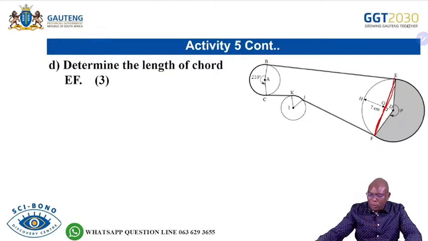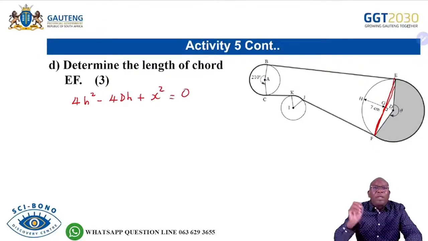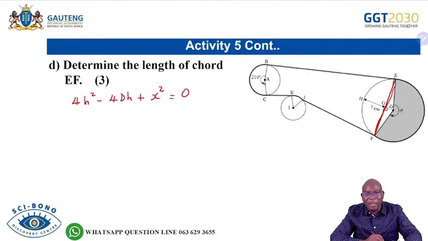So if I put my formula down, let me check what I'm going to have. If I've got my formula there, it's 4h squared minus 4dh. Make sure that you copy this formula correctly, because we have instances where this formula is copied incorrectly, where the plus sign is where there's a minus sign and the minus sign is where there's a plus sign. Please make sure you copy it correctly.